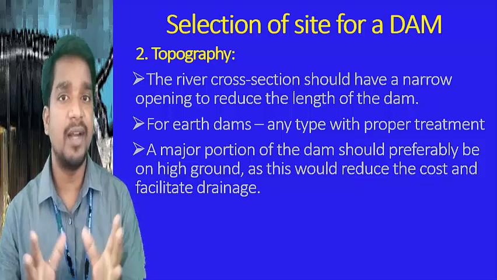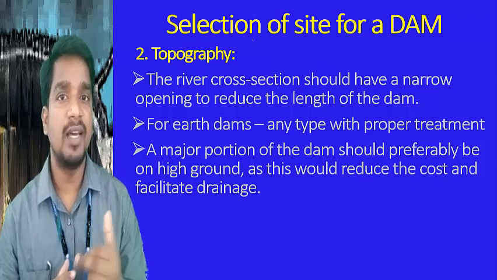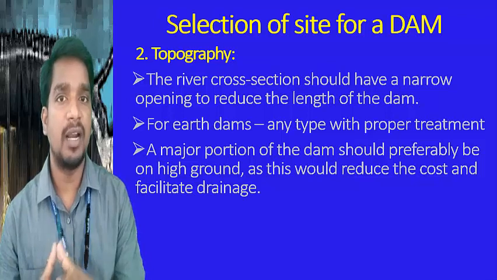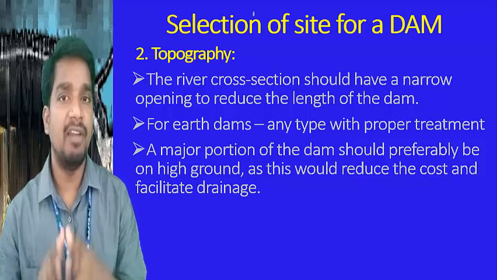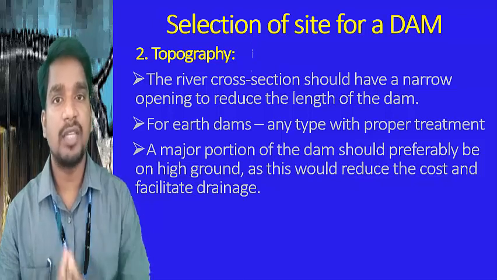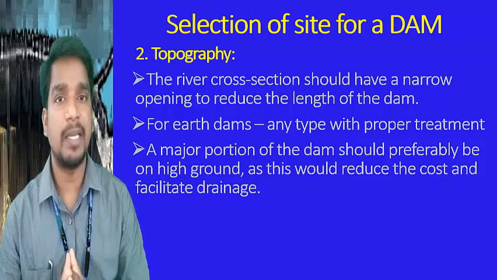If the submerged area under water is less, it helps in reducing the cost, because the land occupied by the water spread area will be very small. In that case, the compensation to be paid to the owners also decreases.